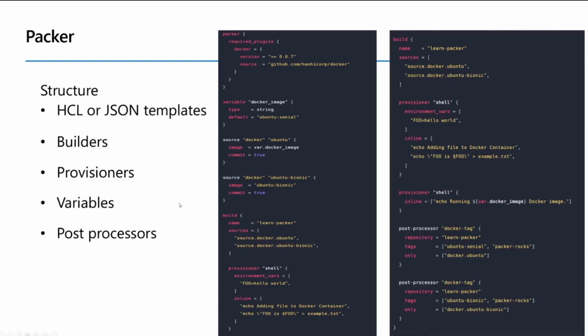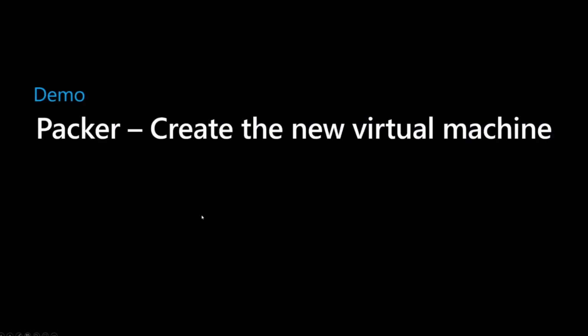This is just a very quick example. Let's take a look at this section, which is showing us how you can add tags within the repository, etc. Again, components like provisioners, variables, and post processors are optional, but builders are the only required component of Packer.